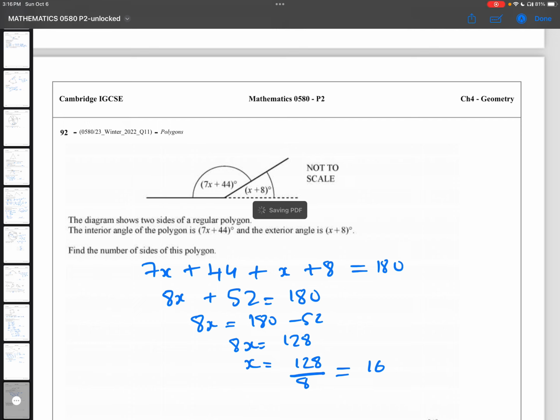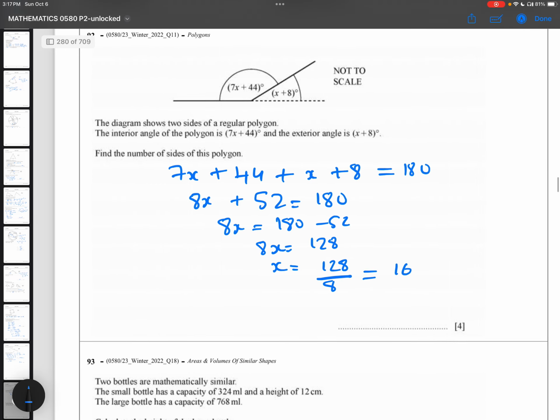So the exterior angle is x plus 8. Exterior angle will be 16 plus 8, that is 24. This is equal to x plus 8, which is 16 plus 8, equal to 24.